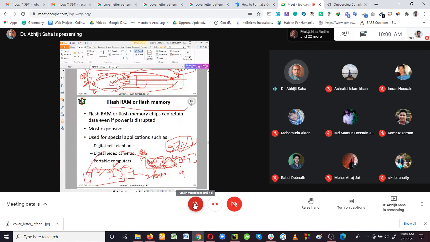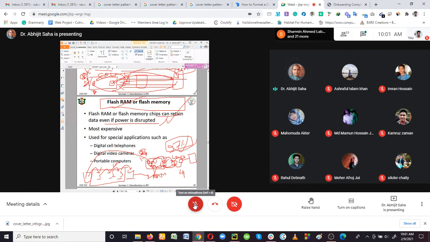Okay, so the next one is flash memory. The flash memory, or flash RAM, has chips that can retain data even if the power is disrupted. So the flash drive, the USB drive, right? You have different applications like your digital camera and the smartphone we have, which have this type of RAM inside.